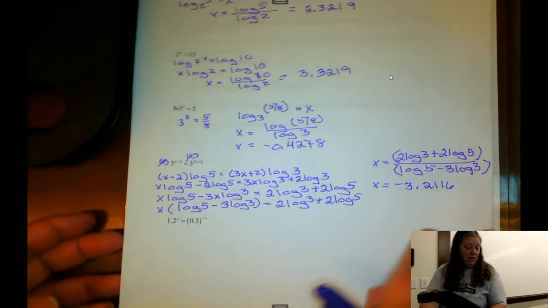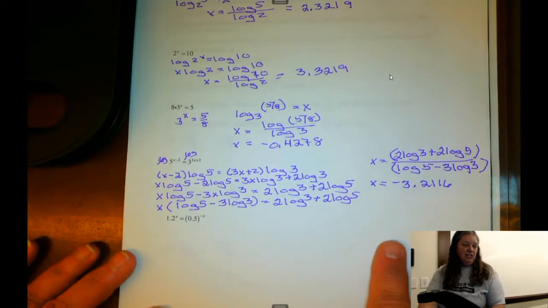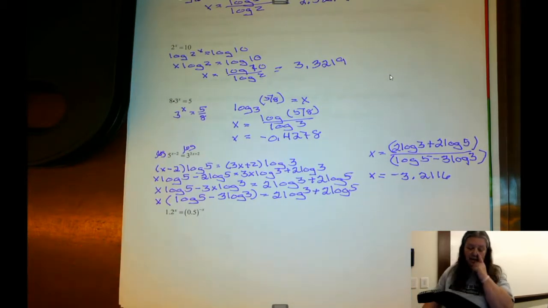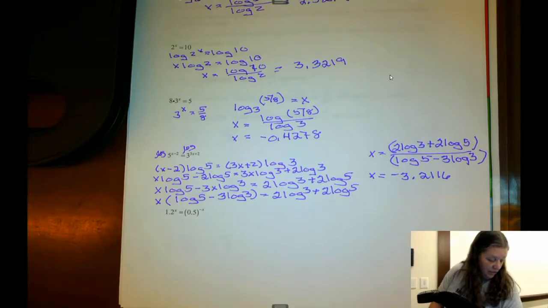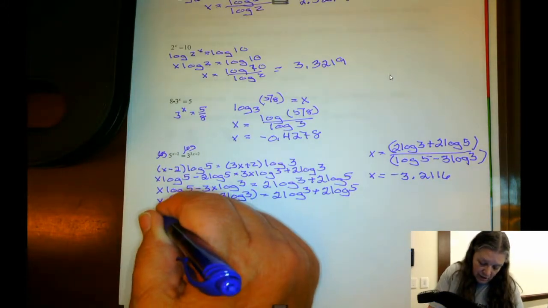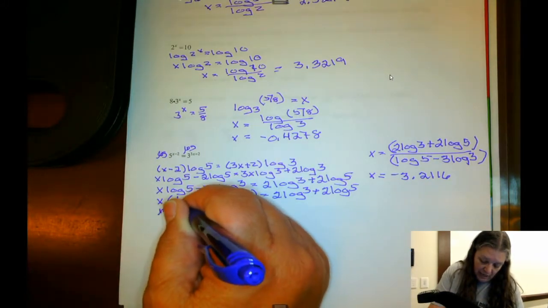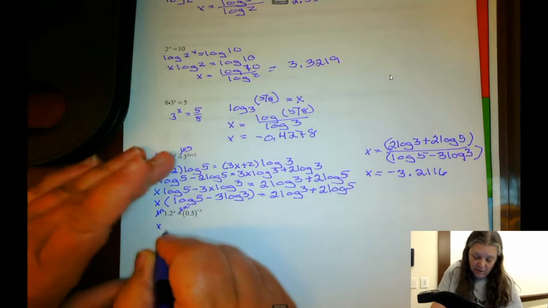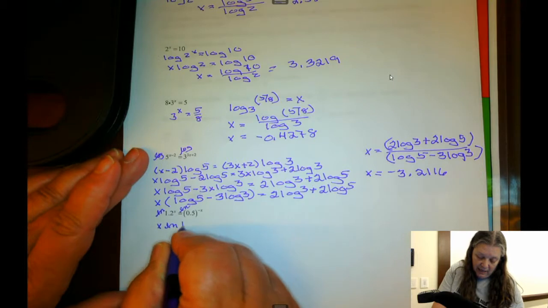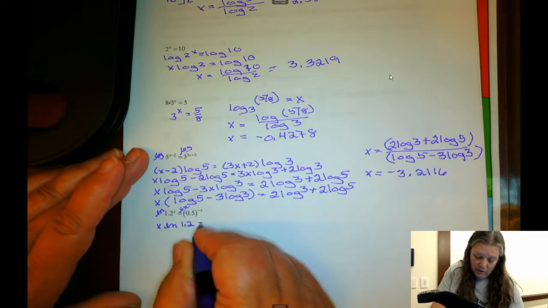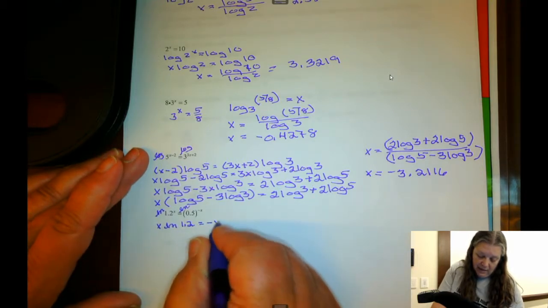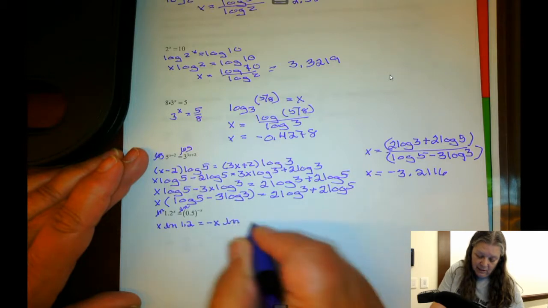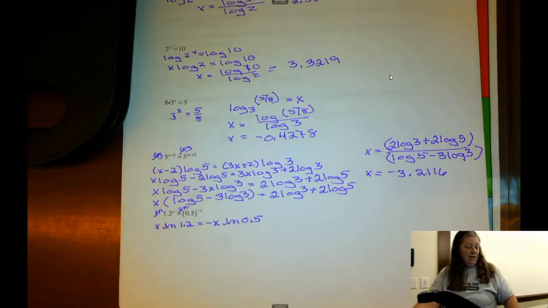Now this next one I'm just going to do with ln's just to show you that it's the same thing. You can use ln's as opposed to logs. So if we do the ln of both sides, bring the exponent down. You have x ln of 1.2 equals negative x ln of 0.5.